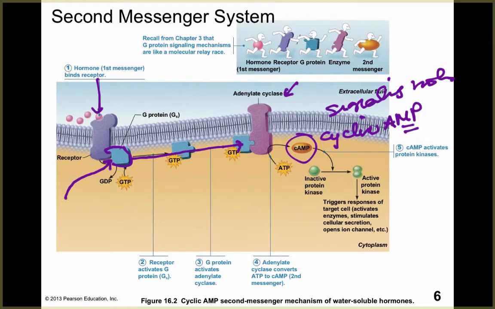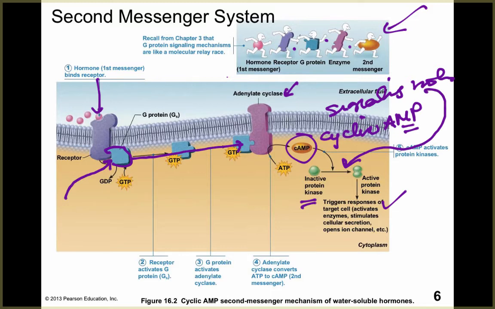And so this second messenger comes down here and activates what's known as a protein kinase. And protein kinases just help to put phosphate groups on things, which make them active. And this is what's going to trigger a response. So if you look at this picture here, it's kind of like people running and giving the stick along in a relay team.